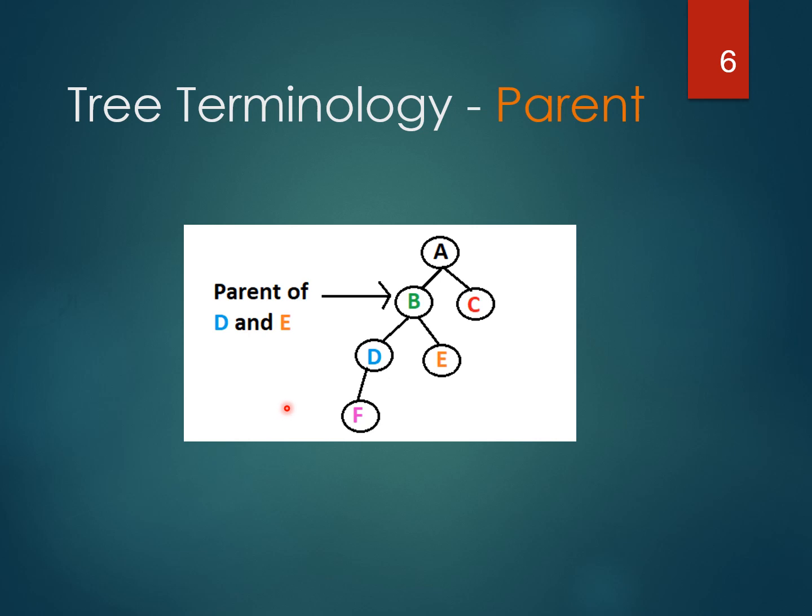So by default, the root should be a parent if it has a child. If it is a tree with only one node, which means the root node is not having any child. Otherwise, if we have more than one node, then obviously the root will be a parent.